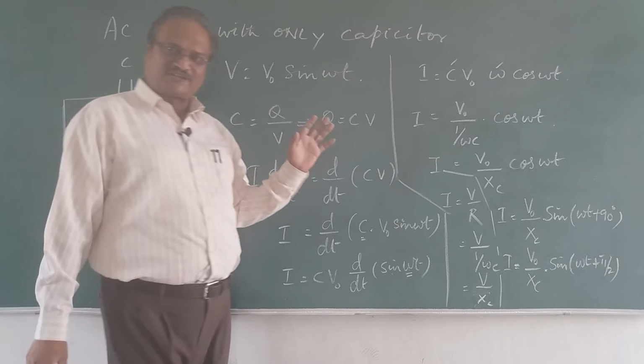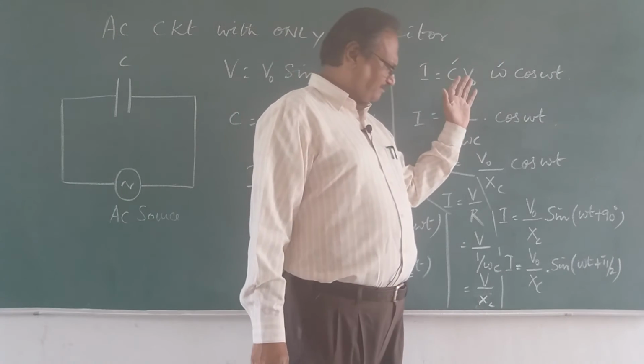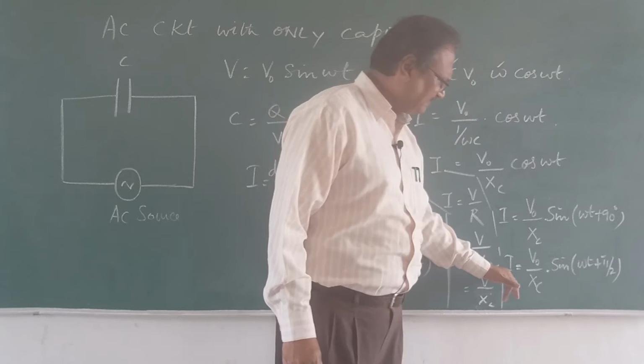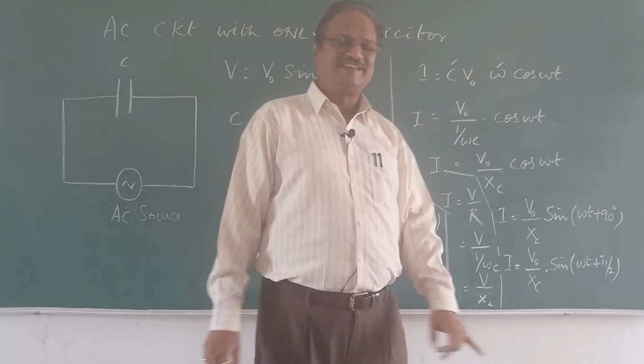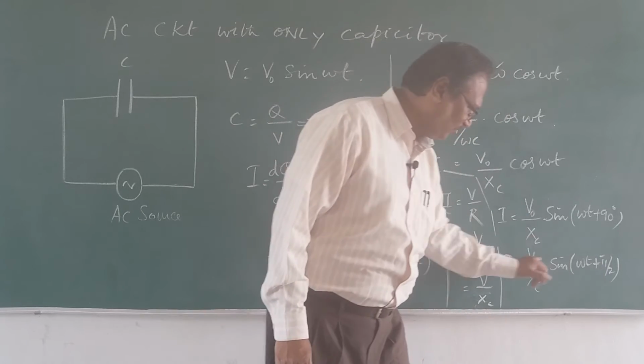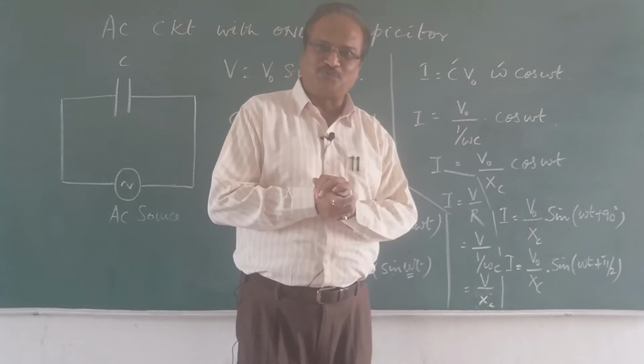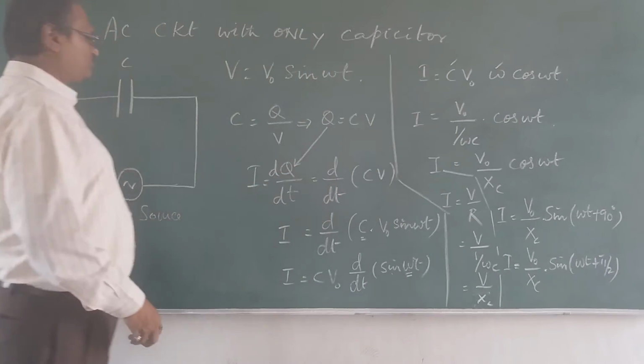Now very carefully let us watch. Here the current leads the voltage by pi by 2. Now let us see how it is going to be.